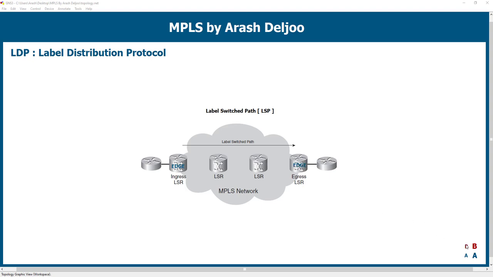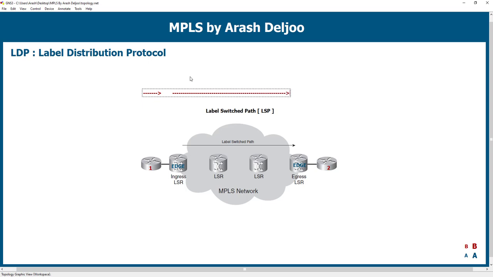Because of that, if a packet should be sent from, for example, C1 to C2, the packet first should go inside the first LSP. This is the label switched path, such as a tunnel.